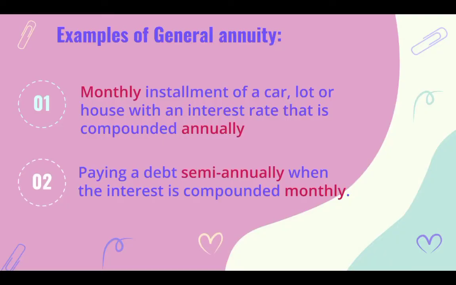Examples of general annuity: monthly installment of a car, lot, or house with an interest rate that is compounded annually. Paying a debt semi-annually when the interest is compounded monthly. So, there is a difference between the payment interval and the interest period.